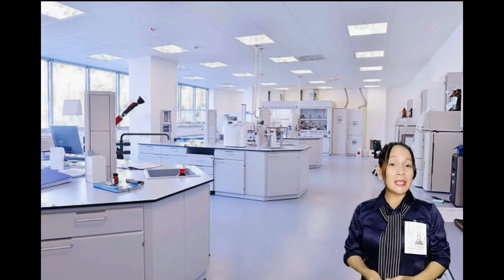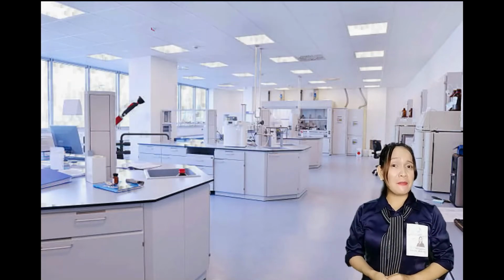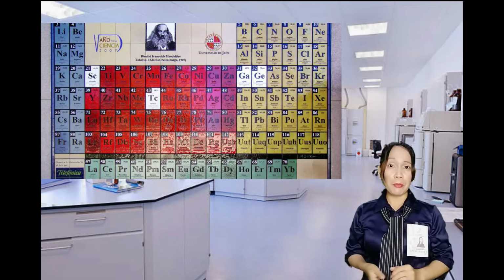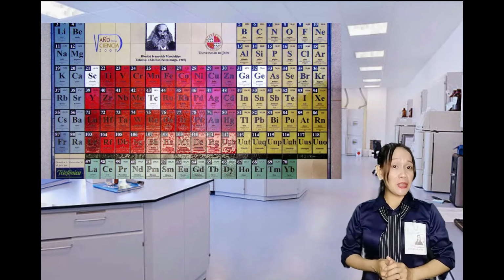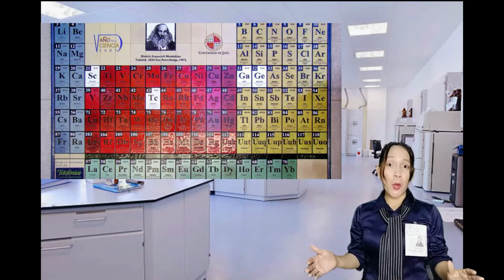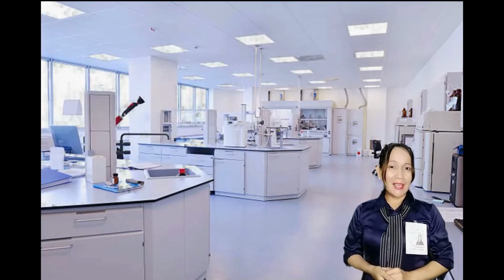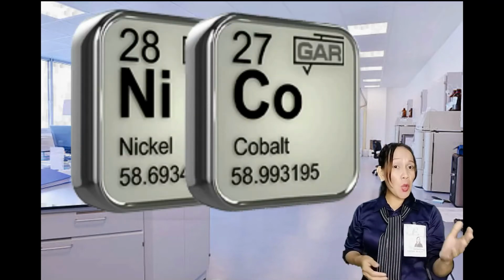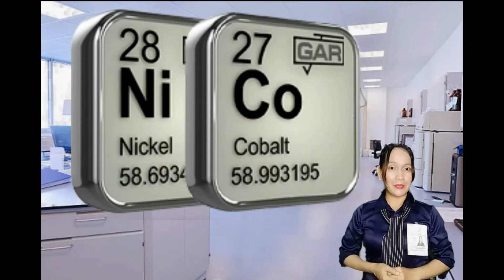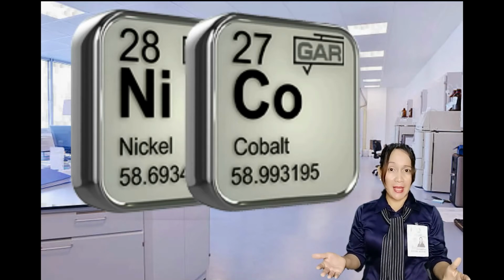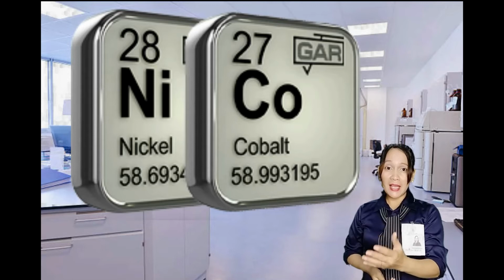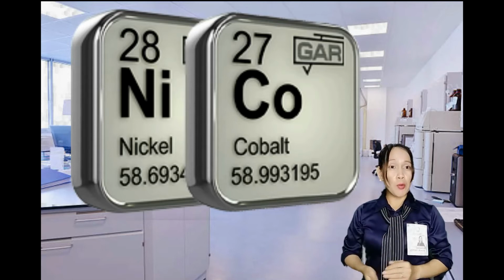By the way, that is how Dmitry Ivanovich Mendeleev arranged the periodic table before, according to increasing atomic mass or weight. But he noticed inconsistencies. For example, cobalt and nickel. Cobalt has an atomic mass of 58.9, while nickel has an atomic mass of only 58.7.